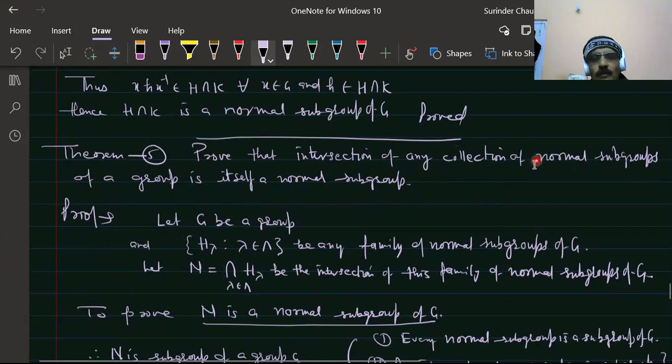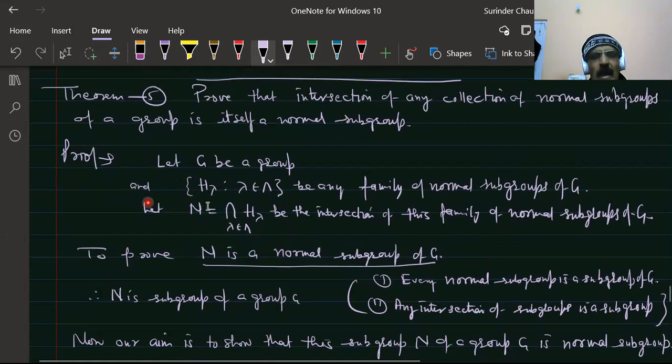So given: let G be a group and H lambda, where lambda belongs to capital Lambda, be any family of normal subgroups of G. We don't know how many there are, but whatever the number may be, they are all normal subgroups of G. Let us suppose that N is the intersection of these H lambda.